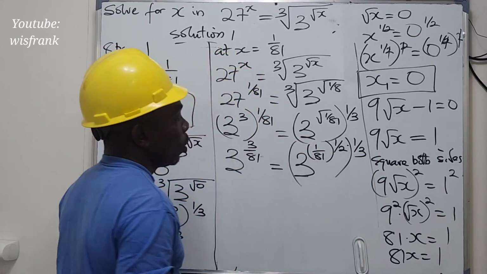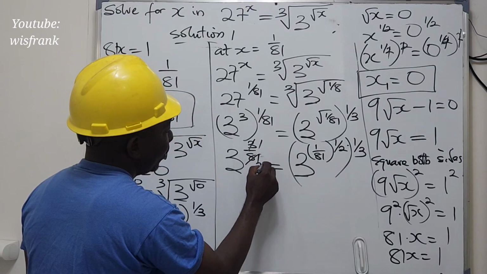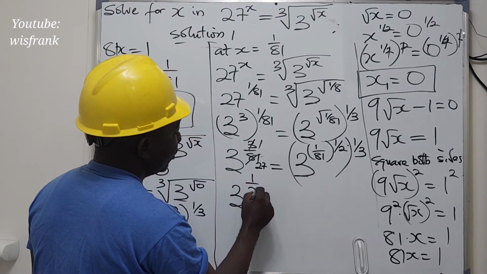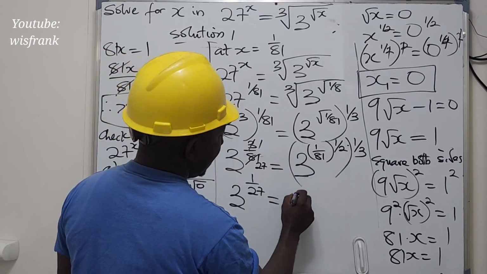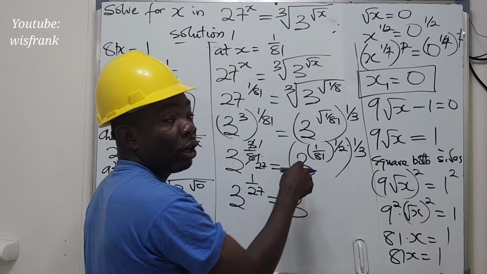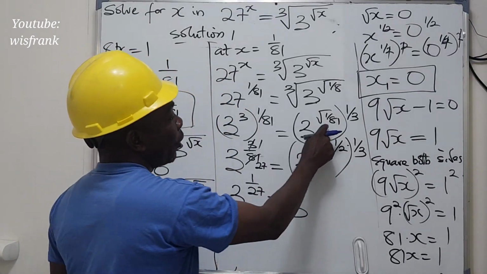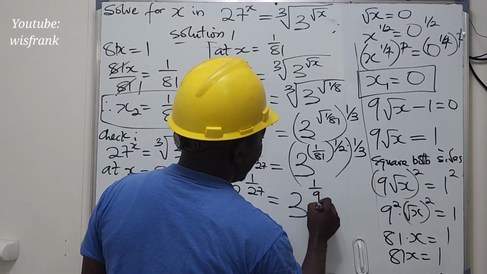So this is what we have now. 3 will cancel here and 3 will cancel here, so we have 3 to the power of 1 all over 27 equals, here we all know that 3 to the power of 1 all over 81 to the power of 1 all over 2 is just like square root of 81, which is the same thing as 1 all over 9.